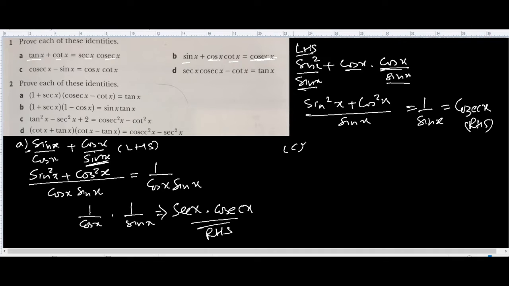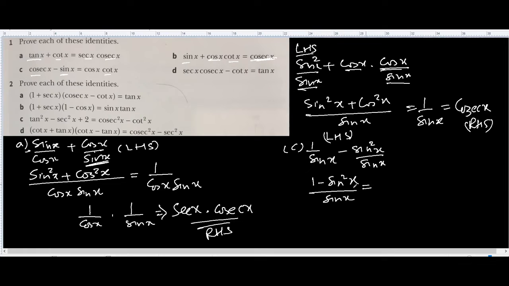Okay, C part. We have cosecant and sine combination and we want cos and cot. Again, we'll take the help of cos and sine. So 1 over sine x, that is cosecant x minus sine x, this becomes LHS. So I'll put again sine x bottom, sine square x on top. So it will become 1 minus sine square x over sine x.